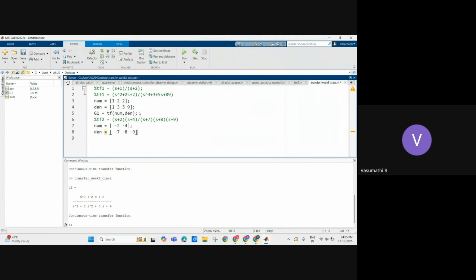Whatever way you are comfortable, you can go with it. There is no particular form you have to use. So ZPK, the keyword here is ZPK. We'll have numerator comma denominator. That's it. So this will give me the actual transfer function.